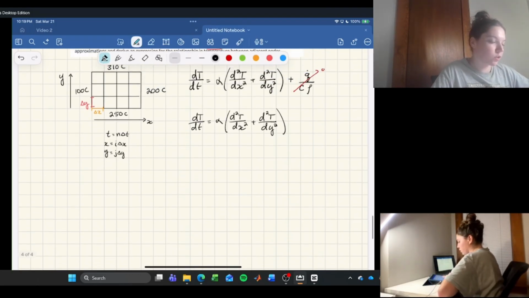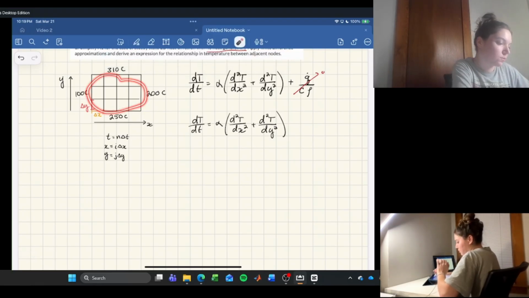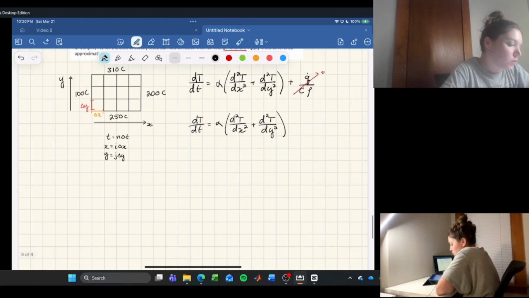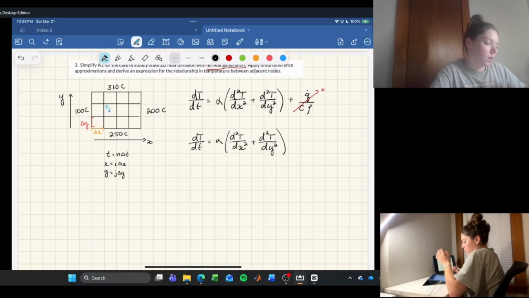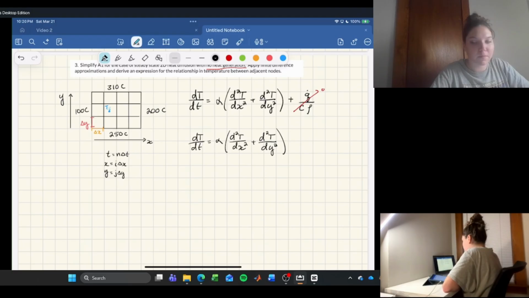And that tells you where you are within this grid, or in one of these nodes. So if we look back at the grid, if we are in this block here, this is going to be the temperature at position ij. So as the x and y direction are changing, that's what the temperature is at that block.